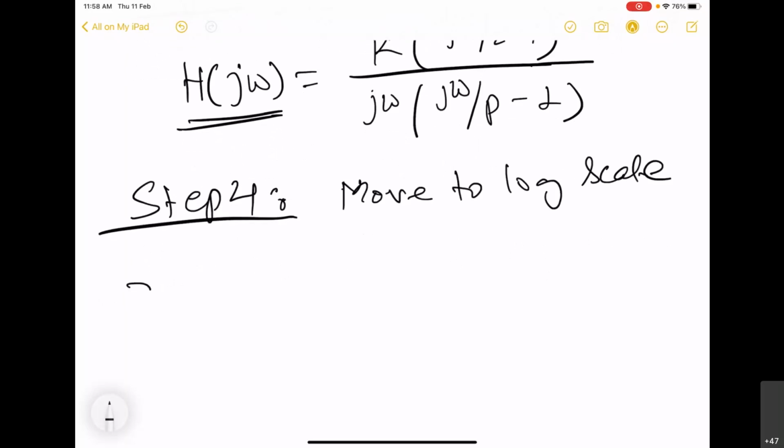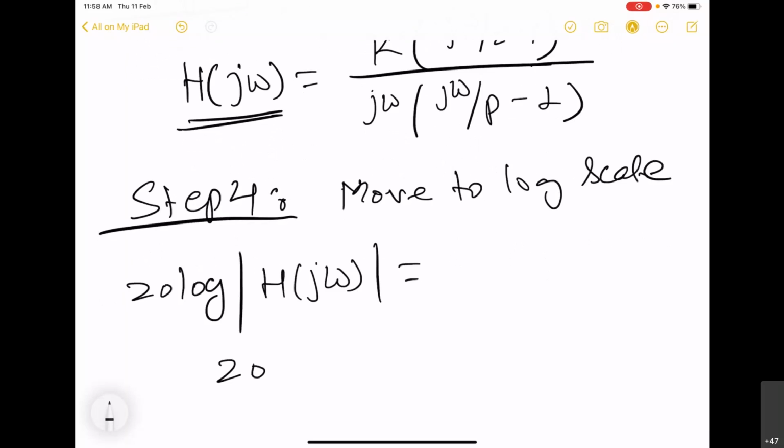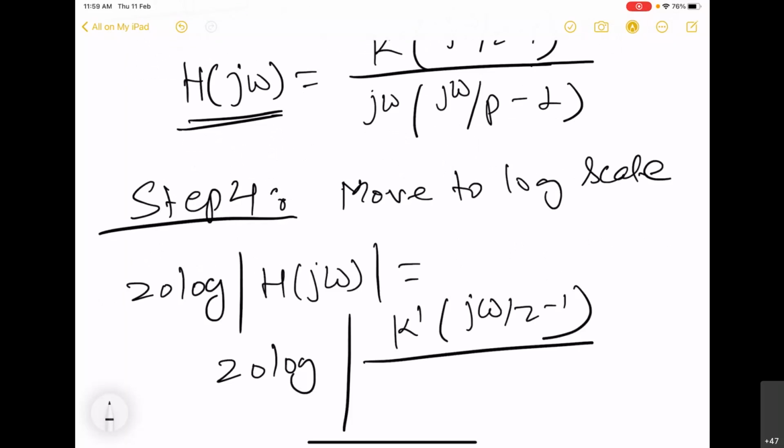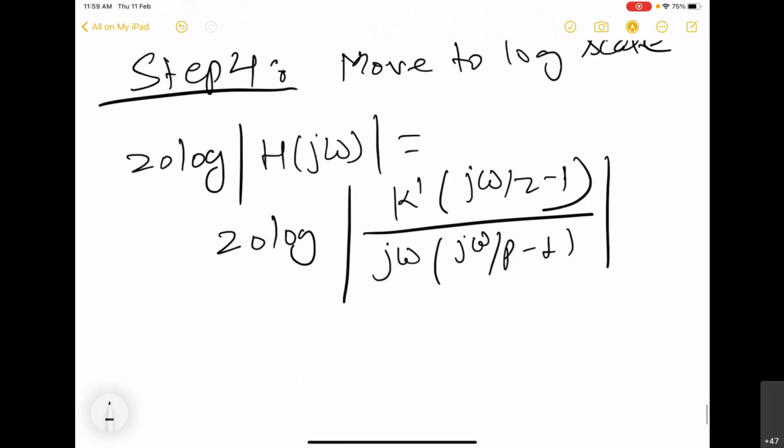We take 20 log on both sides. The left side is simply y. This whole thing is y. This will go on the y-axis and this will be in dB.